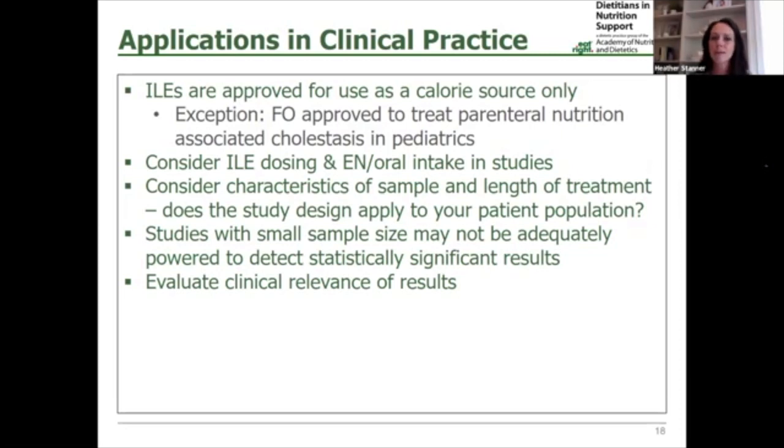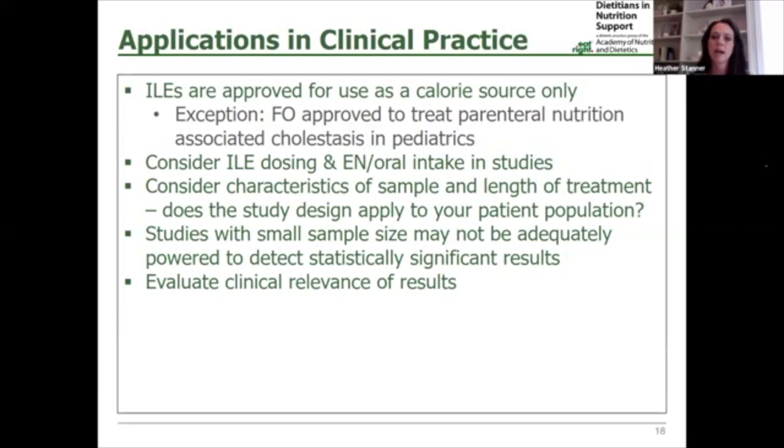When looking at different studies related to ILE type and infectious outcomes, we always want to pay attention to the ILE dosing and whether or not the patient received enteral nutrition or took in any sort of oral intake during the study. And also looking at the characteristics of the sample, if it was done in a specific patient population, such as in a patient with acute pancreatitis or patients that received elective surgery.